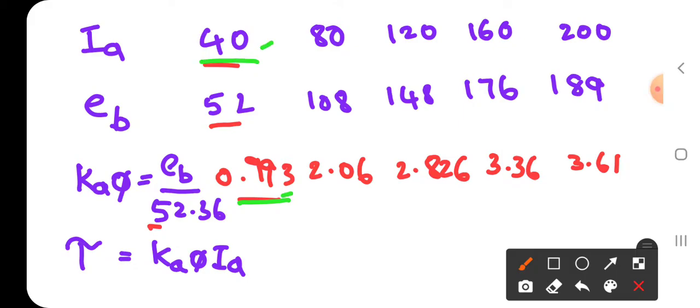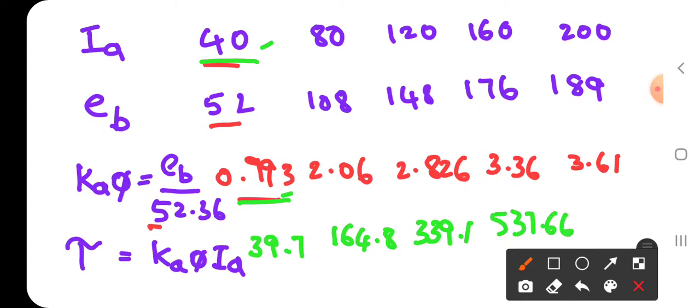Then this will be 39.7, next 164.8, and 339.1, and 537.66. The last one is 721.9.